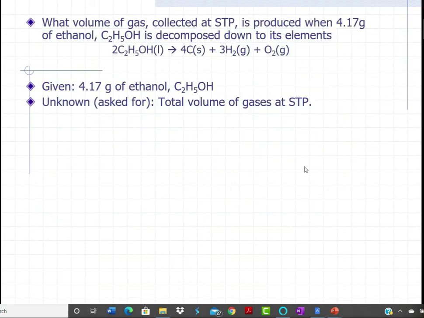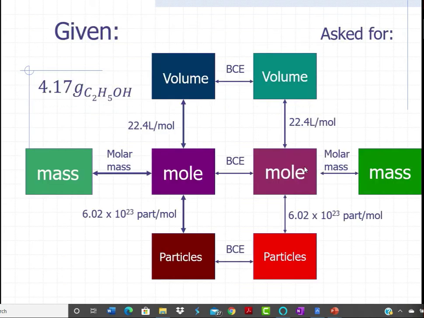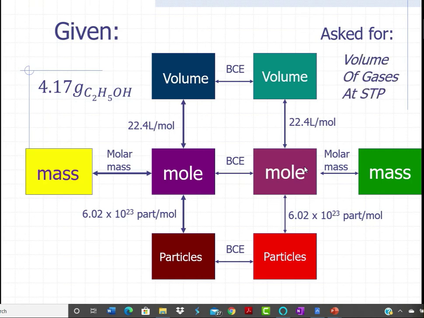So we're going to need to come up with a plan. We're going to use our mole diagram again. Now we're given our grams, and this time we're asked for volume. So we need to go to volume.